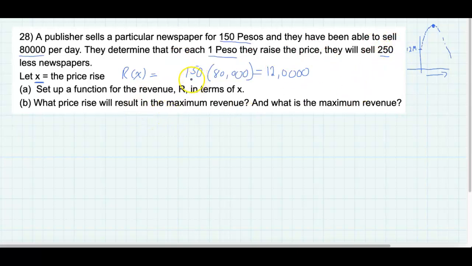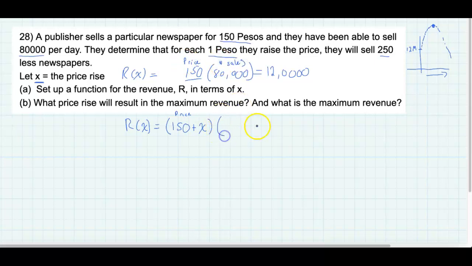So what are we going to say? Our revenue is equal to, and it's not going to be 150, it's going to be 150 plus X. That's what we're trying to find out. This is our price here. And this is the number of sales.